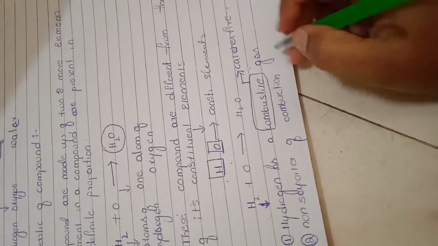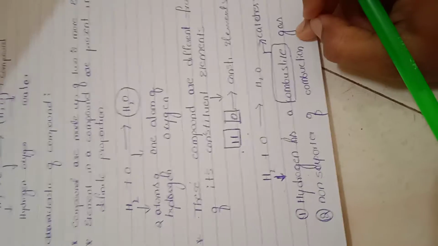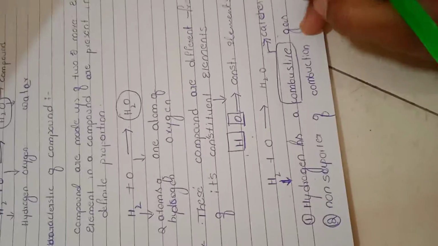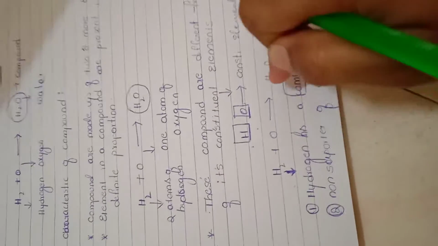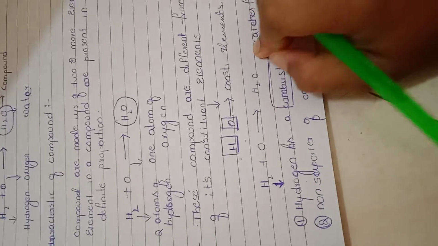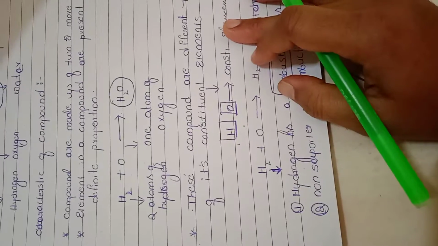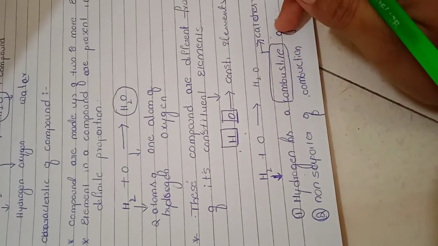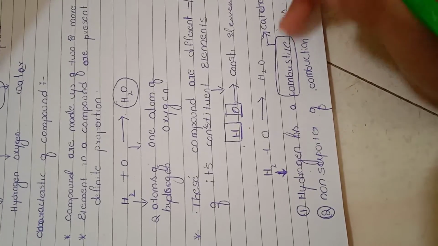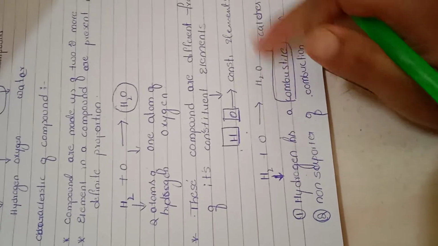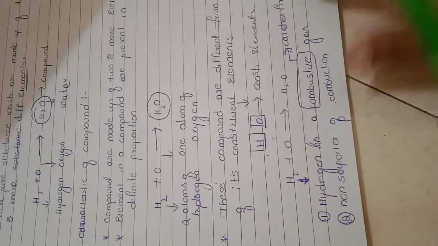A supporter of combustion is one which allows a substance to burn in the atmosphere. Hydrogen is a non-supporter of combustion. This is the hydrogen property.